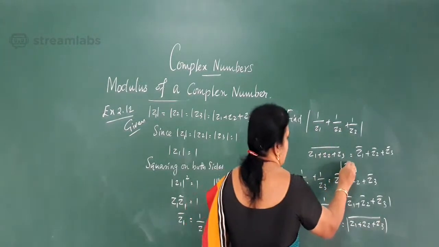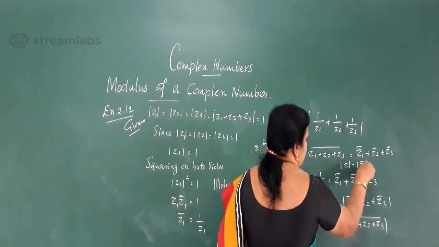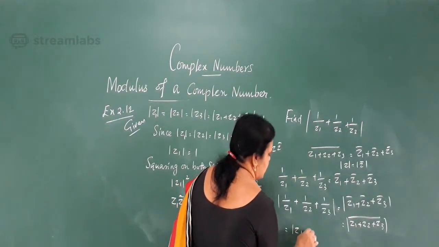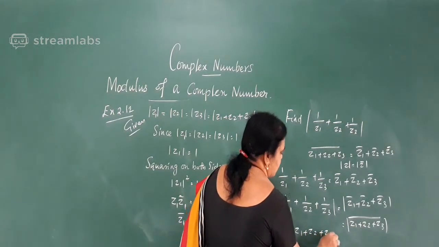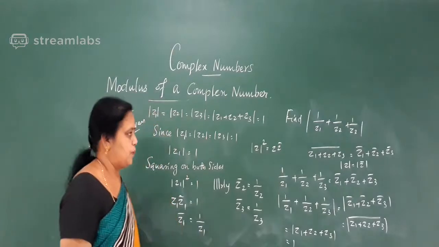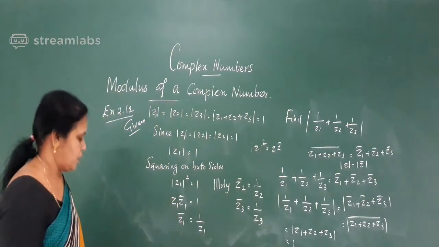One more thing, mod Z is equal to modulus Z bar, isn't it? So what I am getting is modulus Z1 plus Z2 plus Z3. So the value is 1. Hence, that is true. Okay?